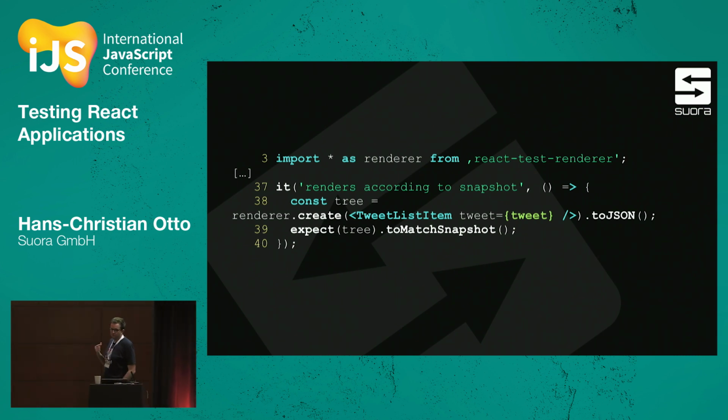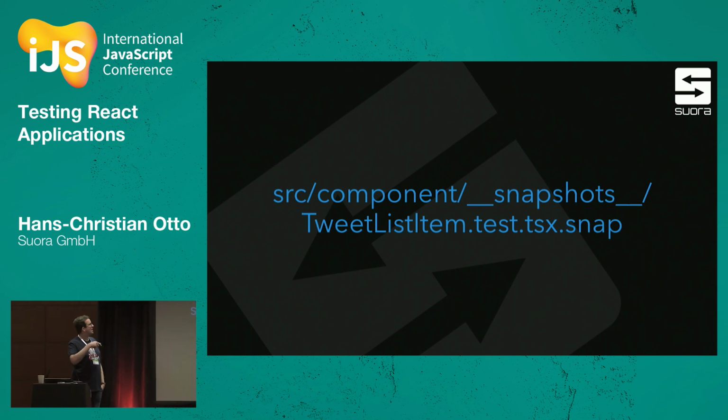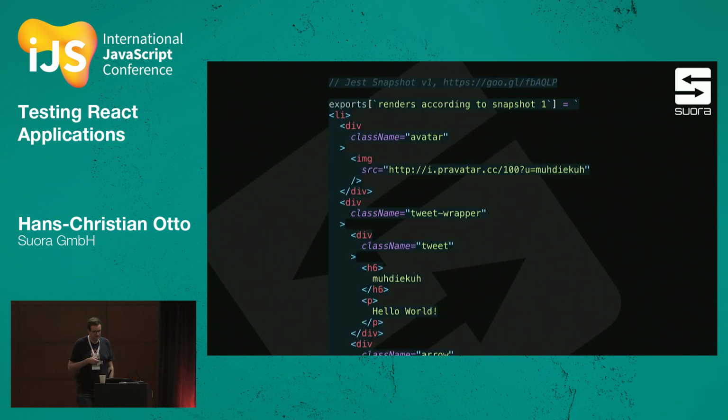And what this would do is, it would create a file somewhere in a directory structure, like my test would be in source component, and then it would create a folder snapshots and put a tweet list item test.tsx as the file name of my test.snap, and it would create this file, and it would put stuff in there.